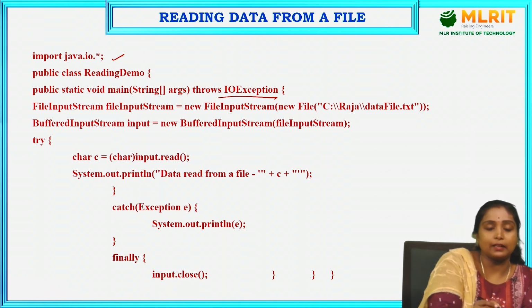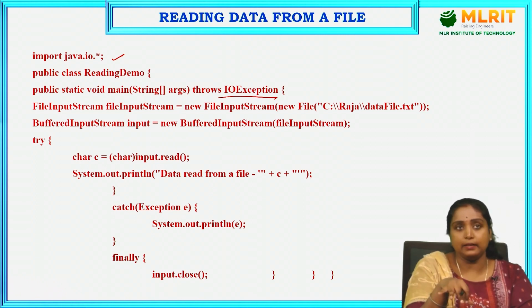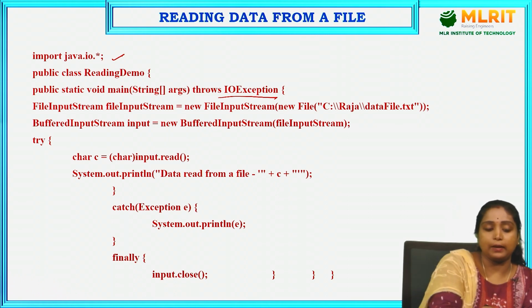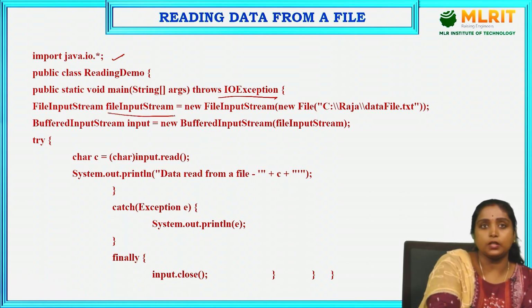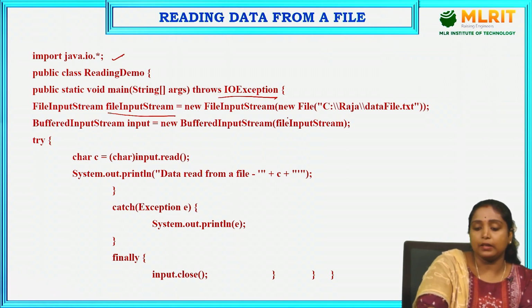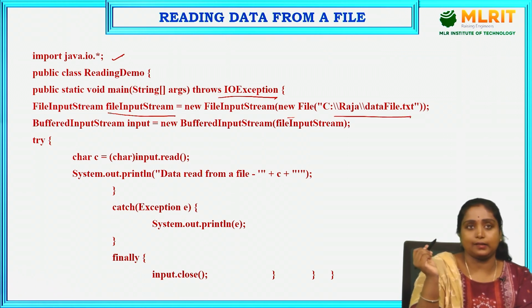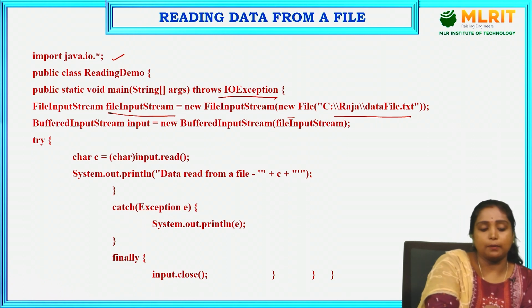Next, as this is a file, we have to create an object for FileInputStream. This is my object: new FileInputStream of a new file, data.txt. Next, BufferedInputStream of the file input stream; this is the input stream we are opening.